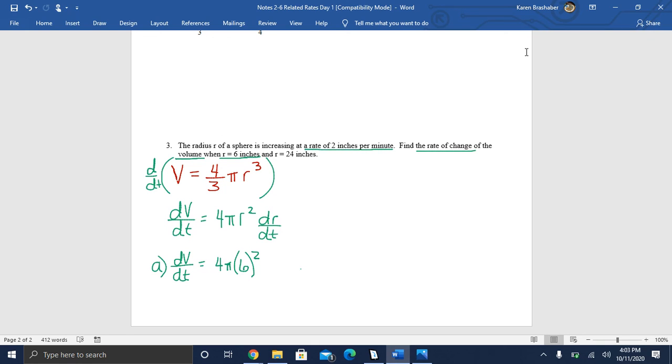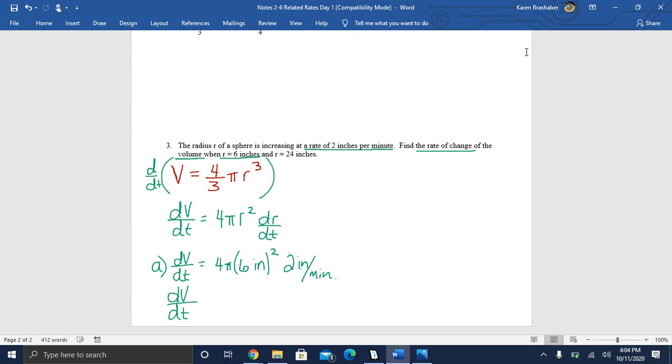So it's getting bigger at a rate of 2 inches per minute. I'm going to go ahead and put those units on that 6. So the 6 would be inches, and this gets squared. And then dr/dt is 2 inches per minute.